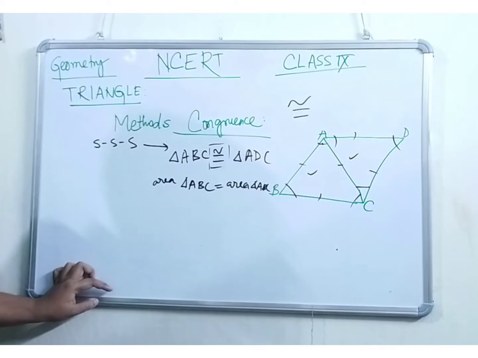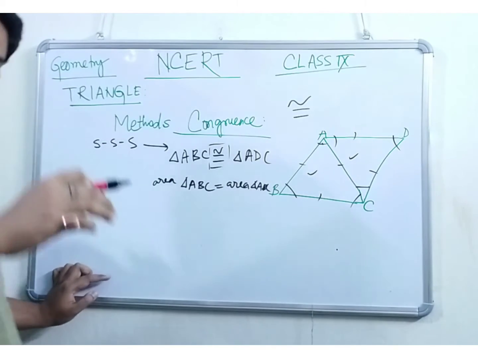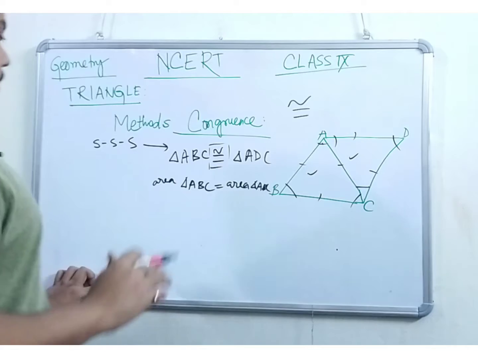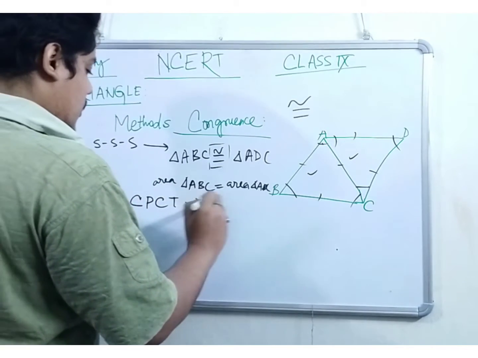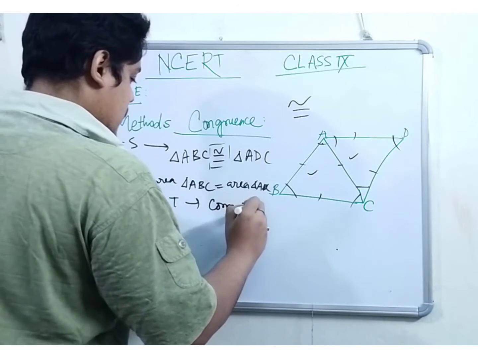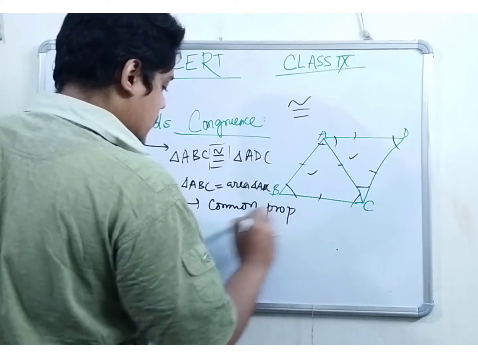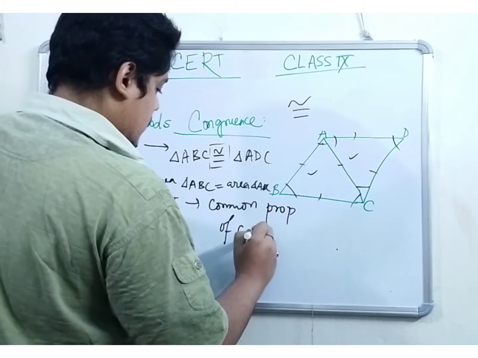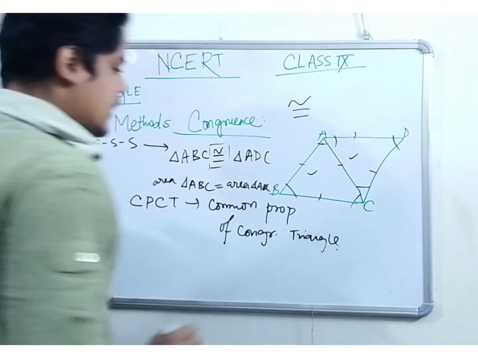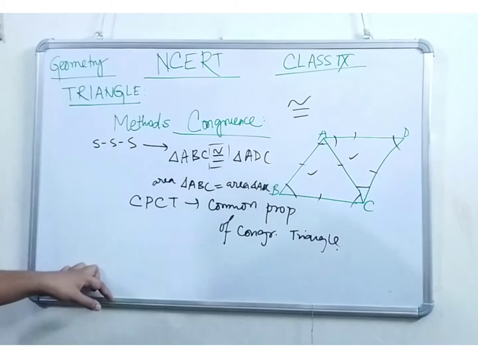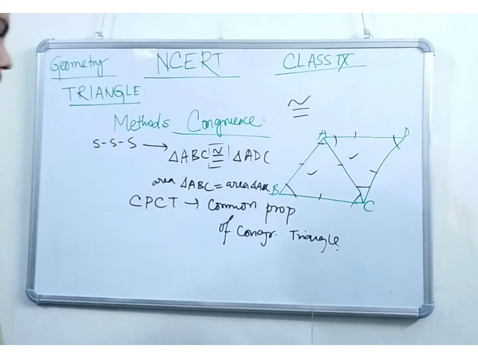So the opposite angles or the adjacent angles will be equal. That is called CPCT, or corresponding parts of congruent triangles. Later on we will start working on it and you will understand what this is.